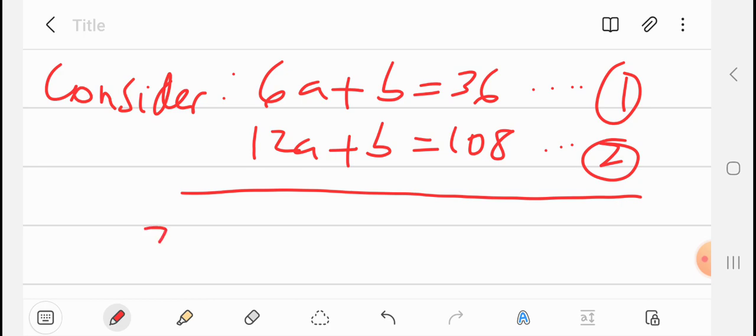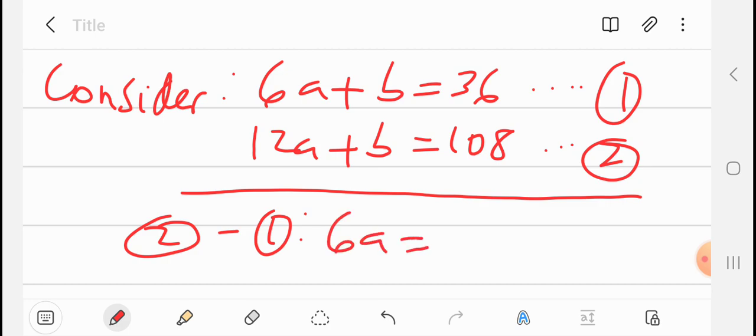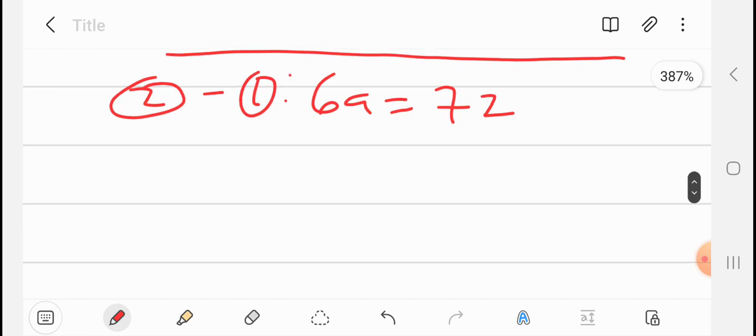And we shall say equation 2 minus equation 1, we have 12a minus 6a, which gives us 6a. 108 minus 36 gives us 72. And we divide through by 6, obtaining 12.